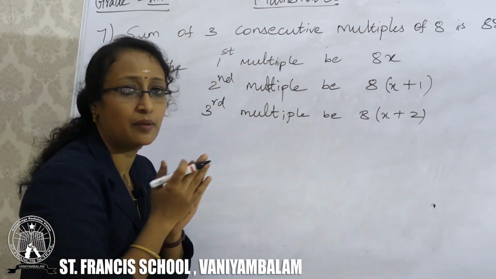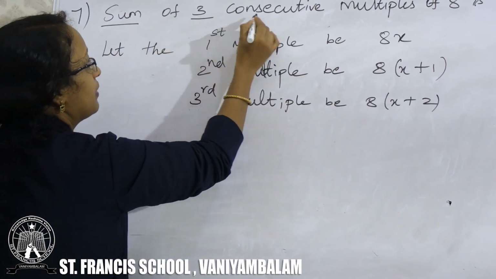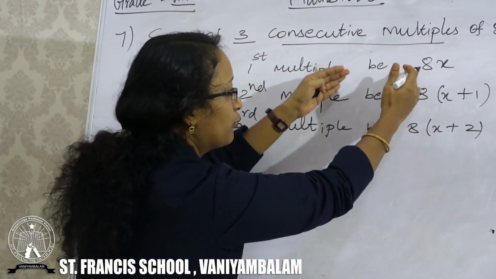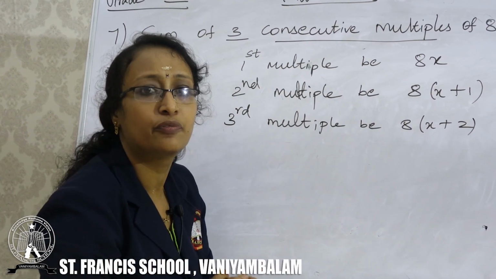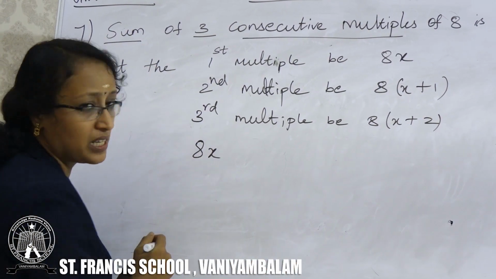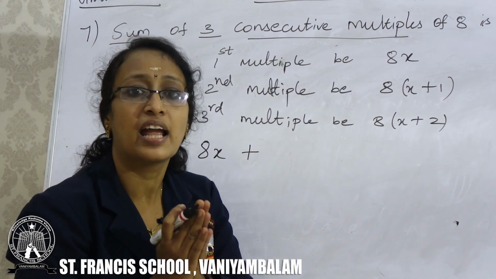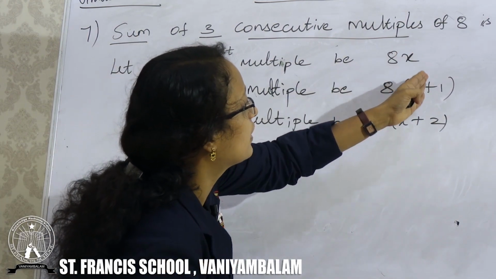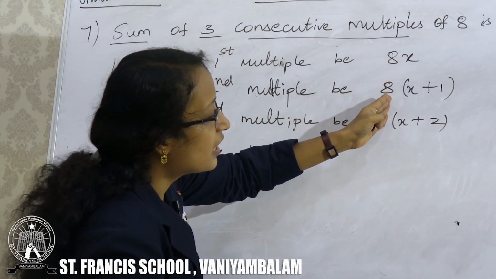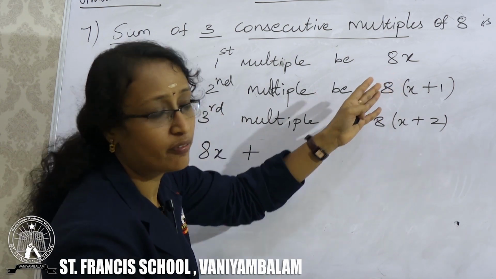So we have the 3 multiples here, and it is given that the sum of 3 consecutive multiples of 8 is 888. The first multiple is 8x because it is a multiple of 8, so every number has to be multiplied by 8. And here why are we writing 8 in common? Because it is a multiple of 8.